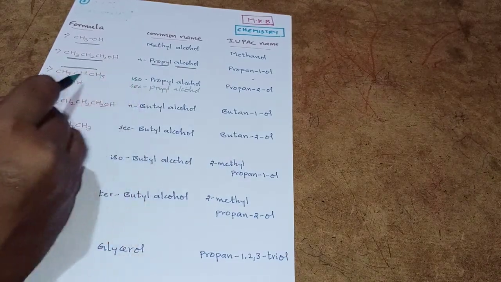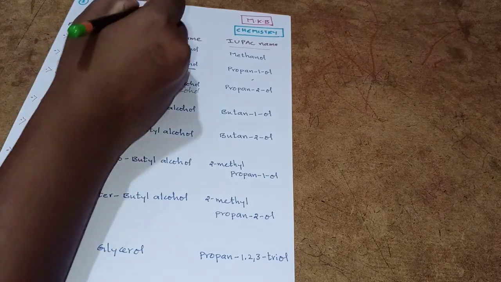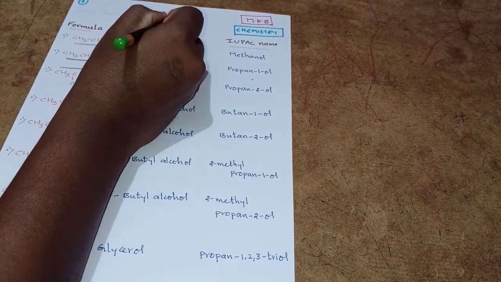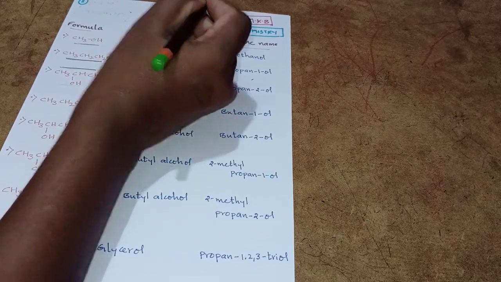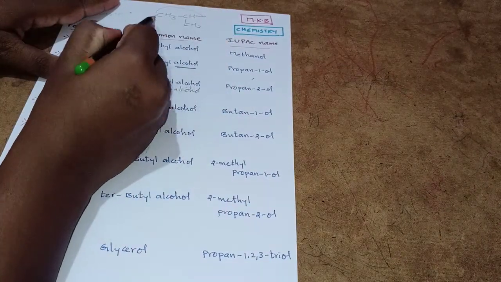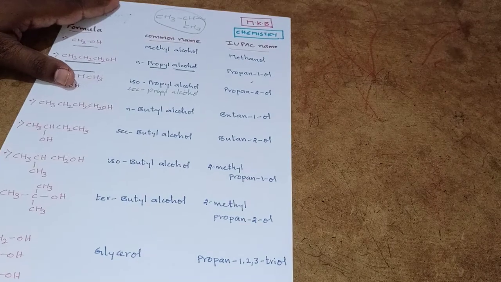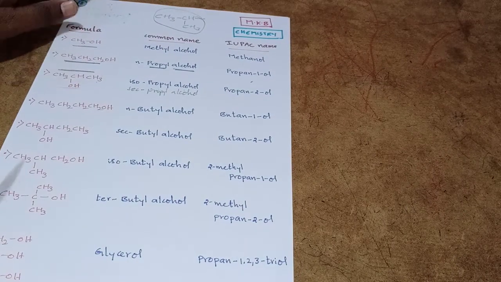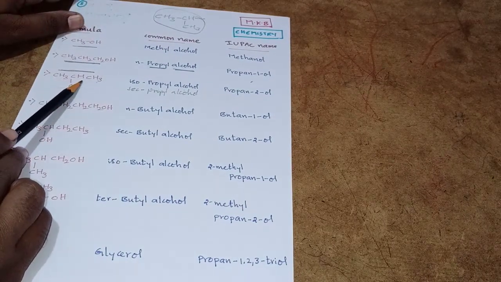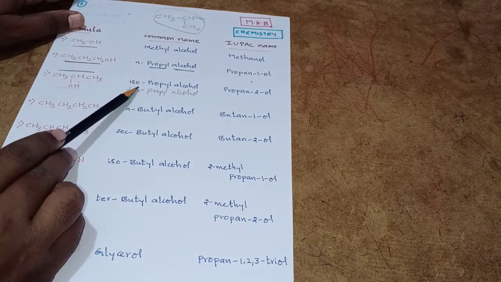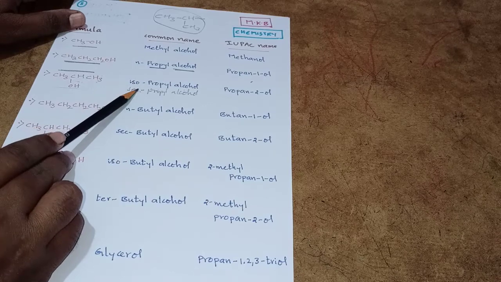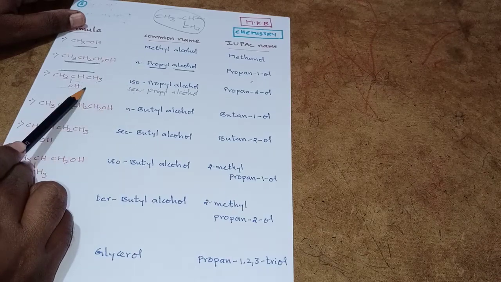And iso means this structure, CH3 CH. Since in the same formula we can have secondary and also iso, both names are given as the common names for this formula.